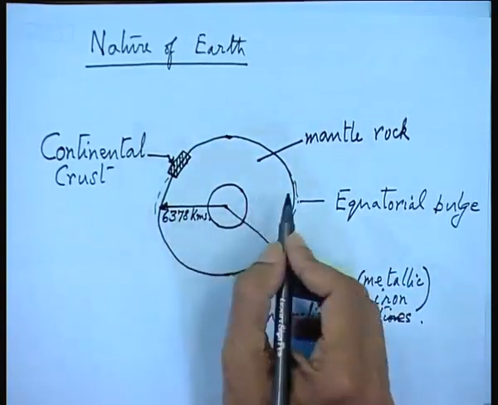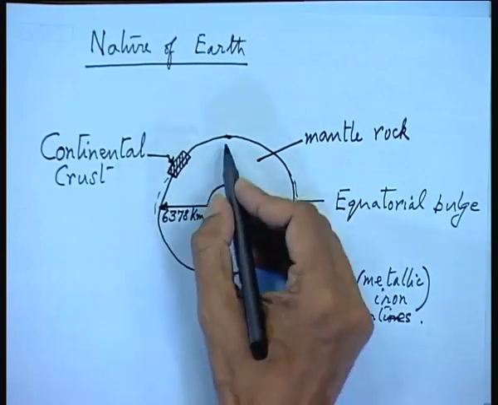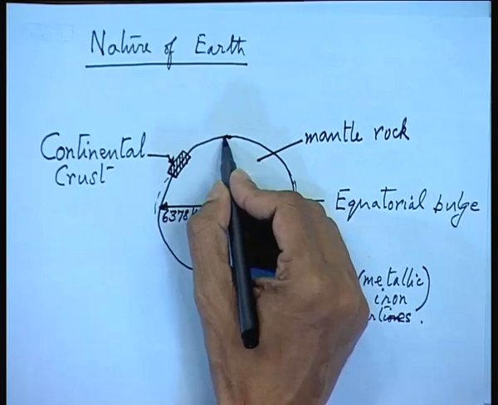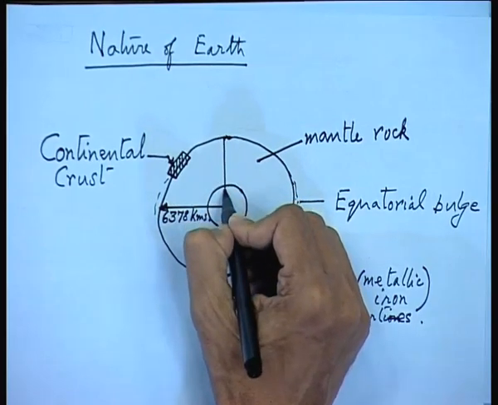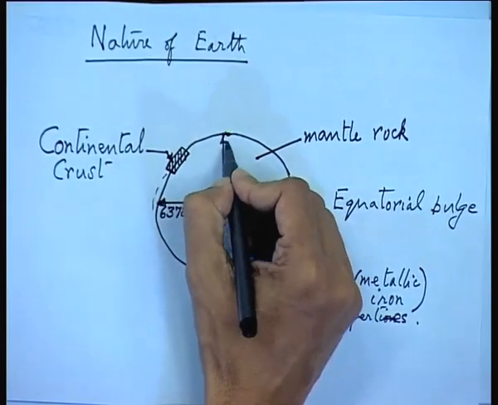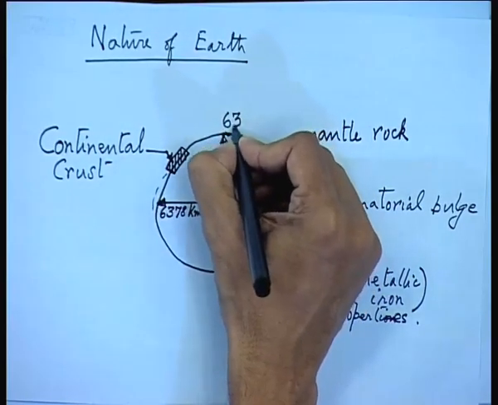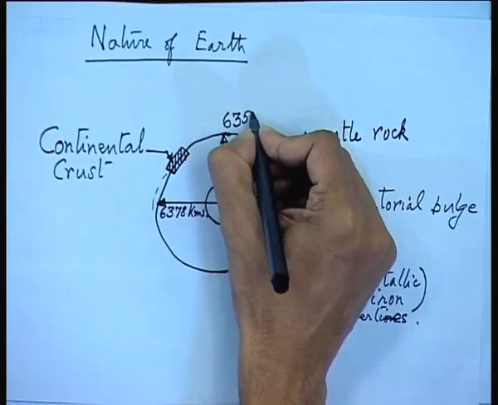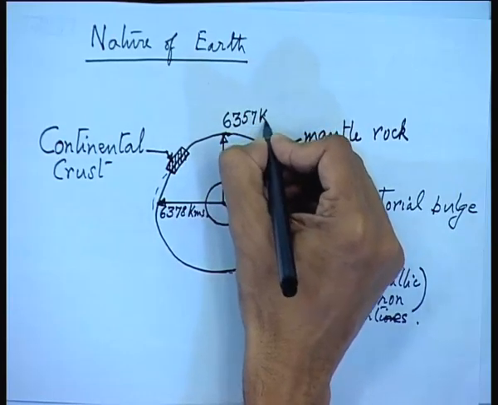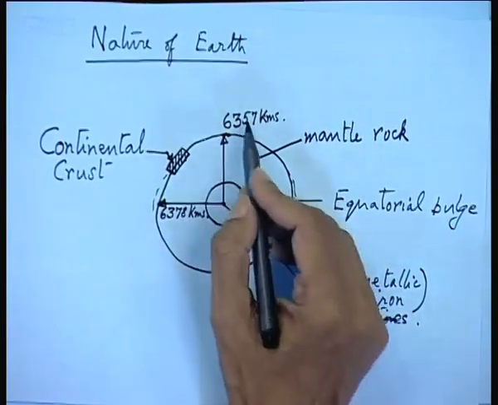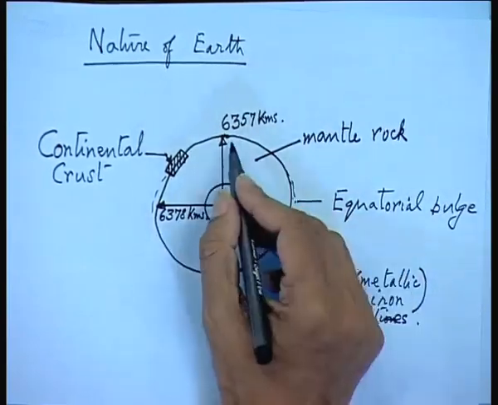Because of this bulge, the radius at the equator is somewhat more than the radius at the poles. At the poles, the polar radius is slightly less, 6357 kilometers. So, you can see there is a difference in the radii of the earth. So, 6378 and 6357, although it is very small, it is still there.